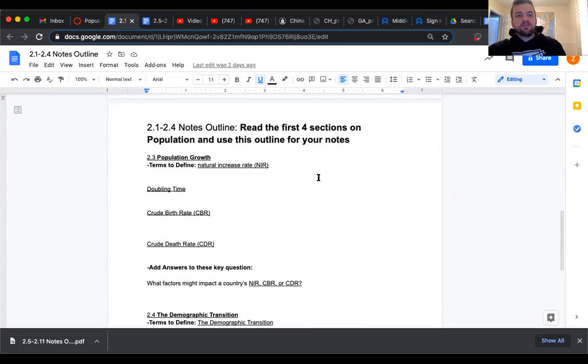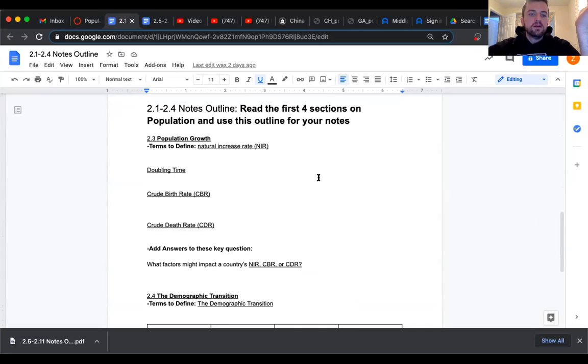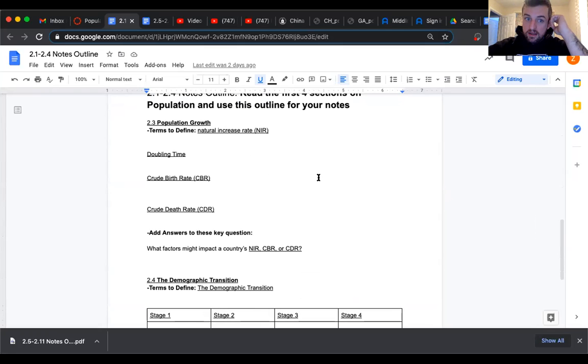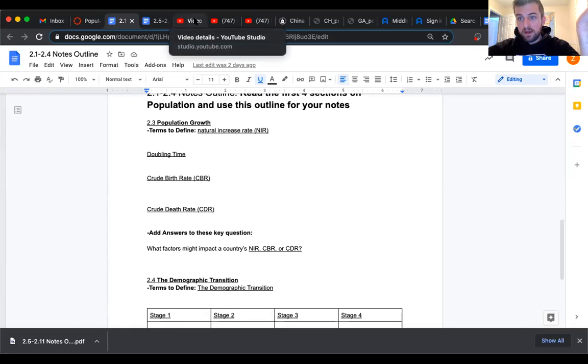And then down here for 2.3, natural increase rate, doubling time, crude birth rate, crude death rate. As you're reading through 2.3, think about what impacts natural increase rate, what impacts birth rate, what impacts death rate. And I would not just think off the top of your head, well, what impacts the birth rate?